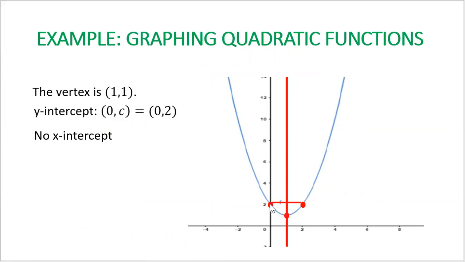And then since the distance of the y-intercept from the axis of symmetry is 1, we have to reflect this point along the axis of symmetry to get the third point of the parabola. So again, this distance here is also 1. So connecting these 3 points, where the vertex is the lowest point, forms the graph of x squared minus 2x plus 2.